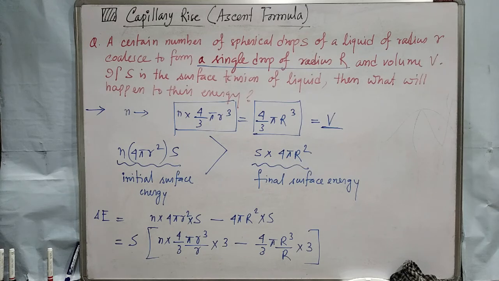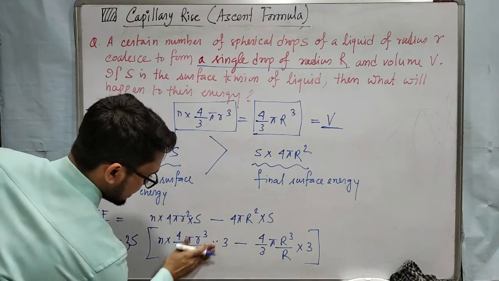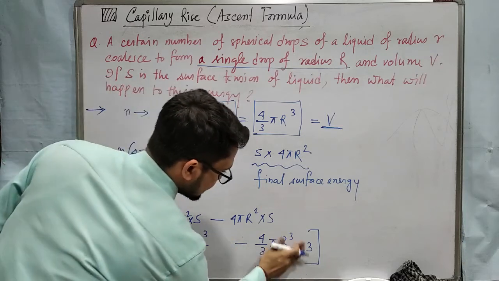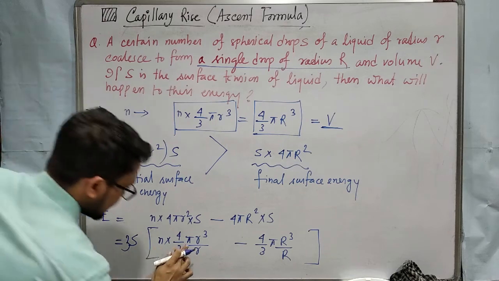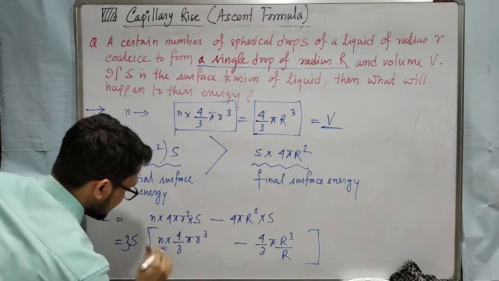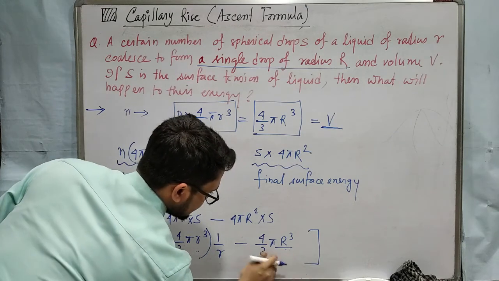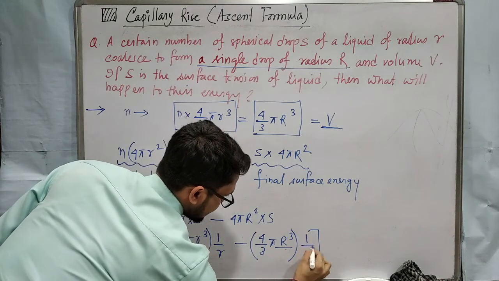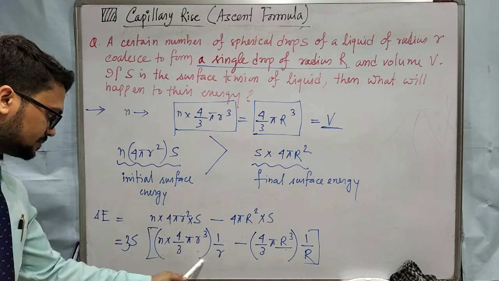Take 3 outside, so this part will not be there and this part will also not be there. Write 1 by r inside the bracket, and write 1 by capital R. Clear? What is this bracketed part?